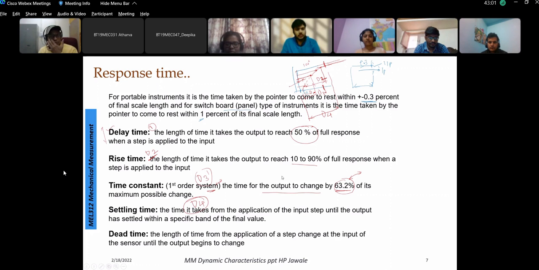Dead time I have already explained to you. Dead time is nothing but, as per this diagram, this indicates the dead time. It is exactly similar to the dead band, or sometimes equal to the threshold value that we studied in the static characteristics of the system.